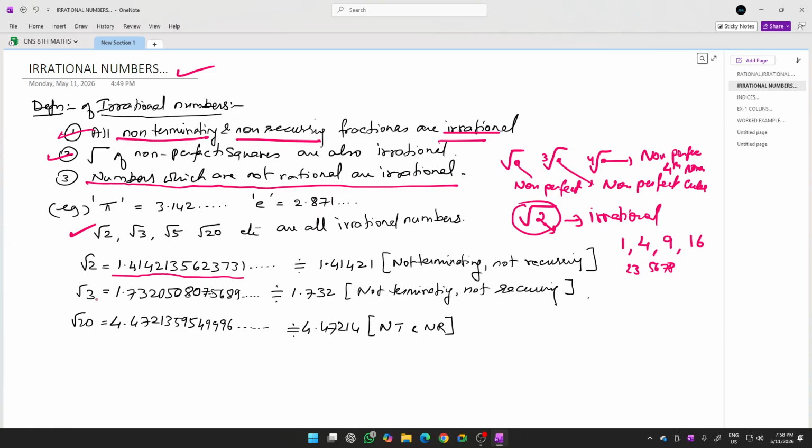So this is indicating that root 3 is non-terminating, because the remainder will never be 0 and the division is not going to stop, and you are not getting anything recurring after the decimal point. So nothing is getting repeated. Neither a number nor a set of numbers is getting repeated. So this comes under the category of, again, non-terminating and non-recurring. Therefore it is an irrational number.